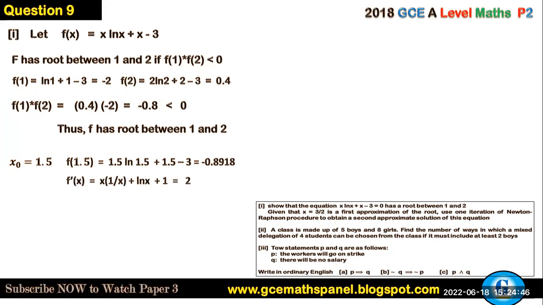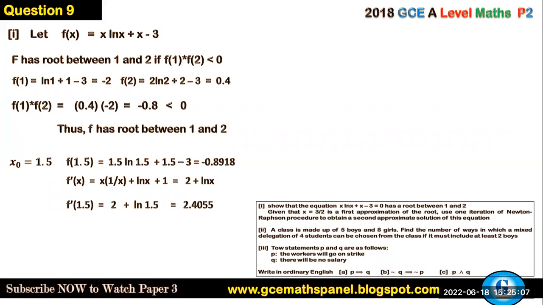I like to work with 4 decimal places. And f prime of x: x times 1 over x plus ln x plus 1. So that gives us 2 plus ln x when we differentiate, right? Now, f prime of 1.5 will give us 2 plus ln 1.5, which is 2.4055.